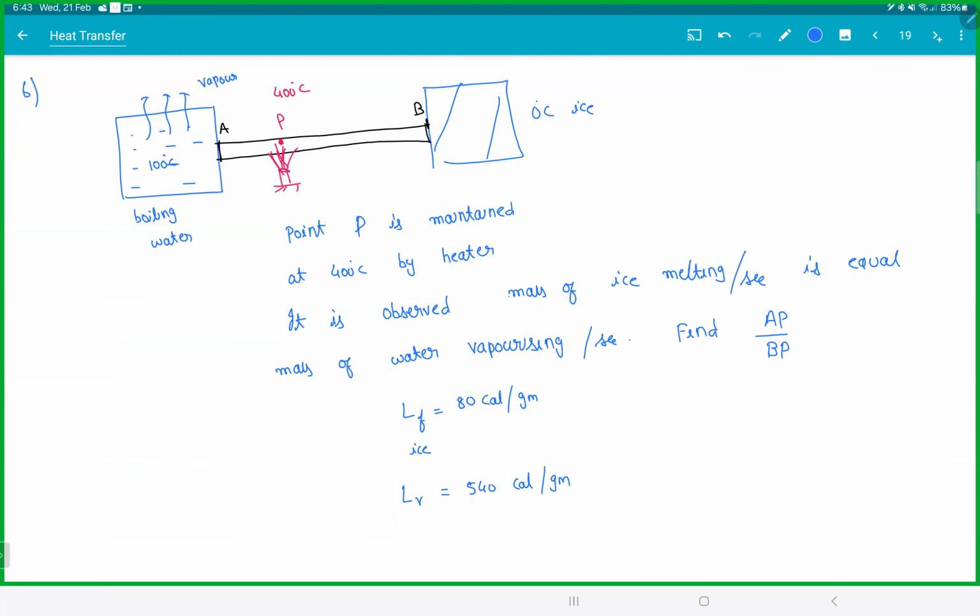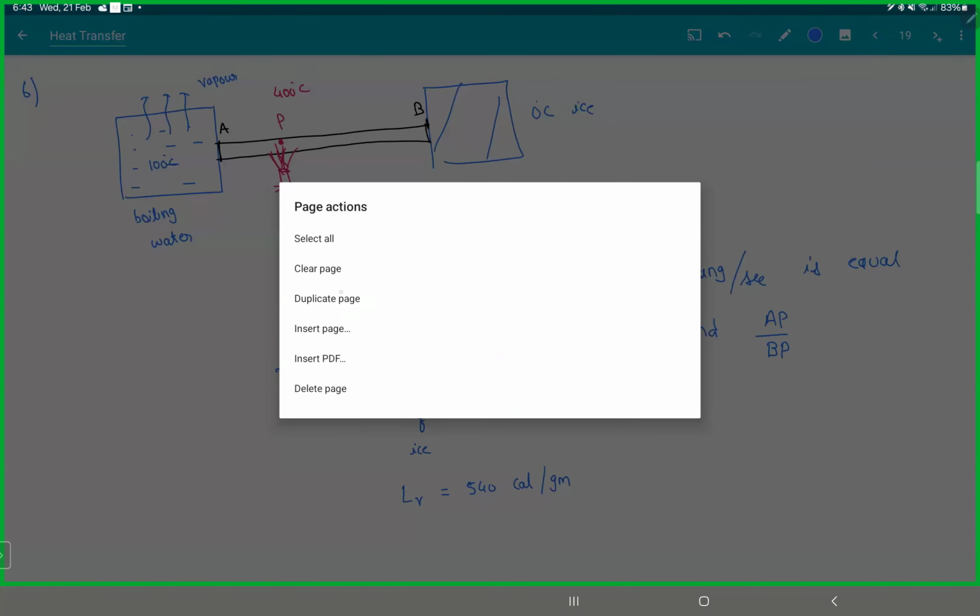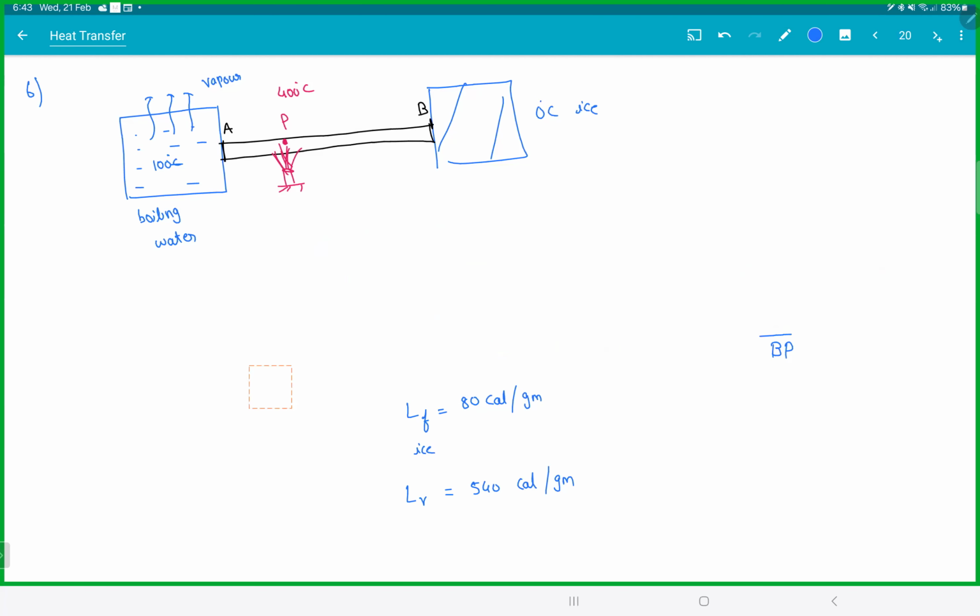How to do it? See. Now for AP, dQ by dt will be K, A, temperature difference, which is 400 minus 100, by length AP.